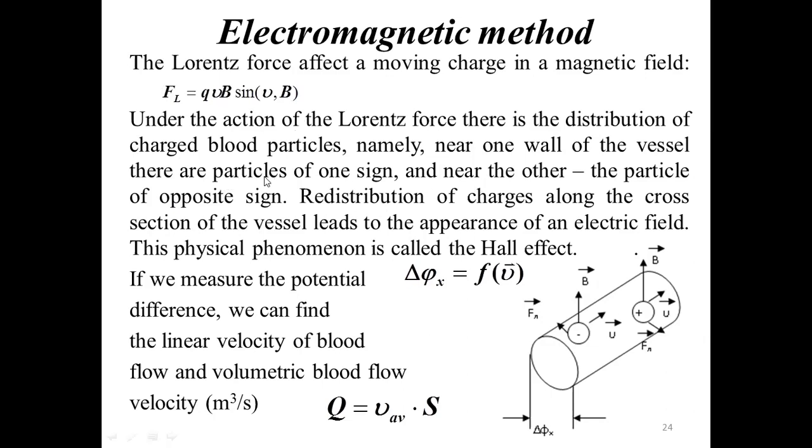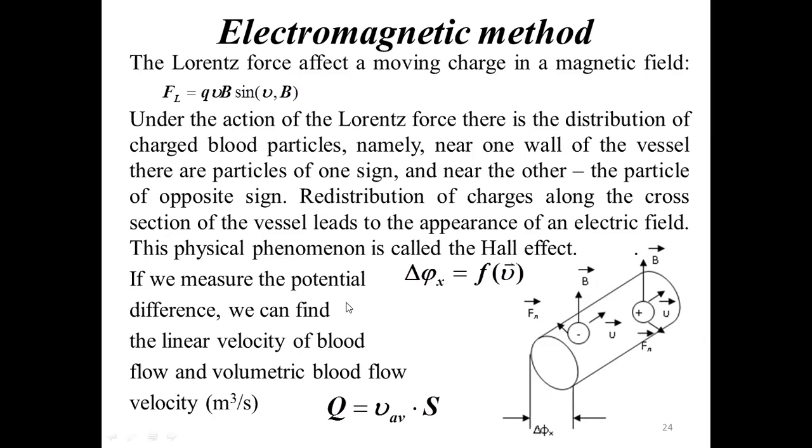For example, we have particles of one sign on one side, and near the other wall we have particles of the opposite sign. Such a distribution of charges along the cross section of the vessel leads to the appearance of an electric field. This physical phenomenon we call the Hall effect.